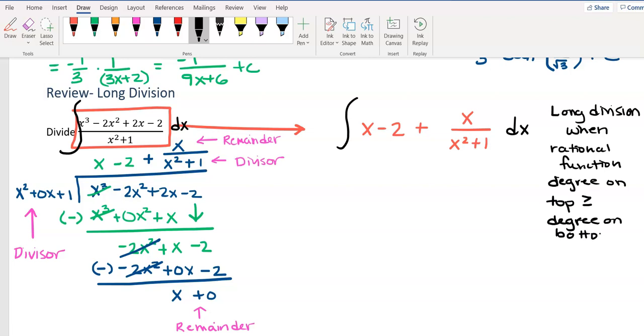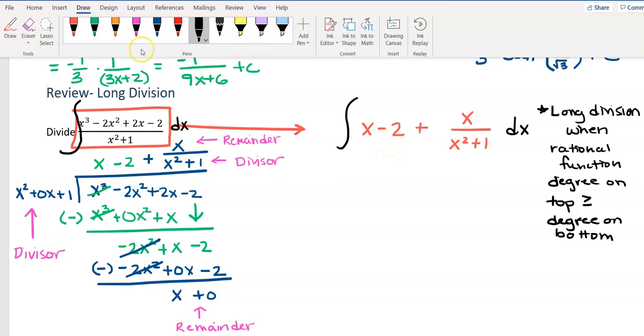So when that happens, long division is the way to go. And that is what we had here to start with. We had a degree in our numerator, so the degree here was 3, that was larger than the degree in our denominator. So we approached this with long division, simplified the way it was written, and now we can actually take the antiderivative.